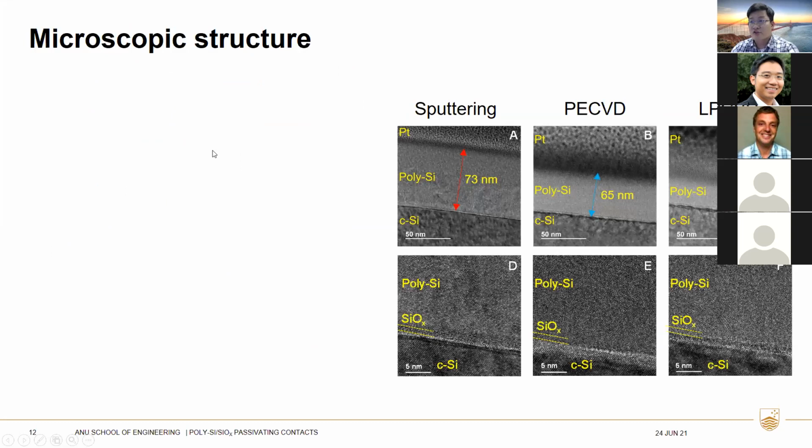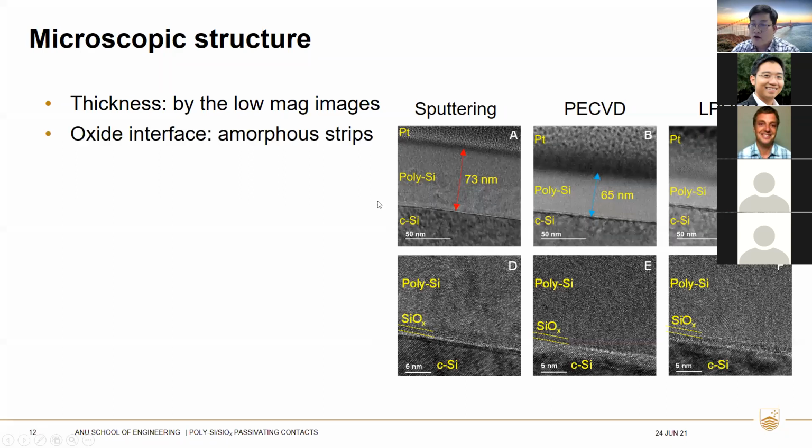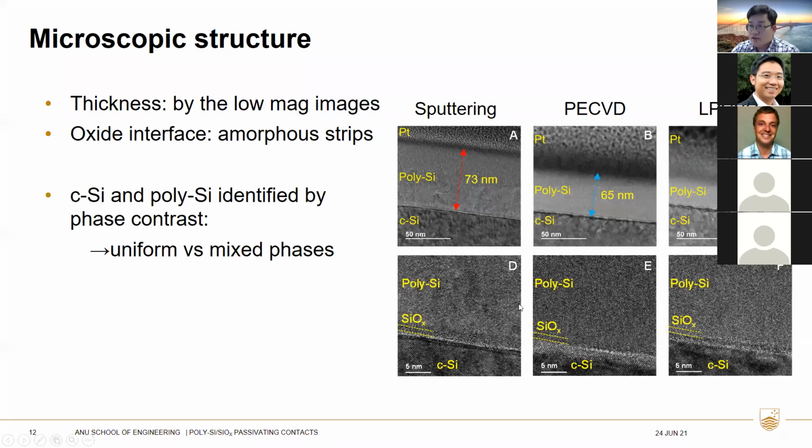Let's compare the microscopic structure here. The thickness of the films can be observed from the low magnification images. As you can see here, we use three similar thicknesses for sputtering and PECVD, but for LPCVD, 37 here is the maximum thickness. The oxide interface can be seen from the figures on the bottom row as amorphous strips. The crystalline silicon and polysilicon can be identified by the phase contrast.